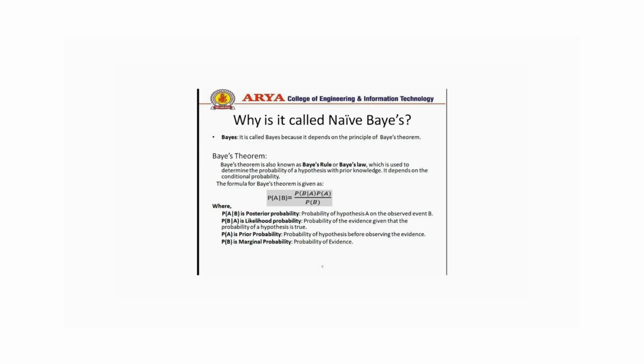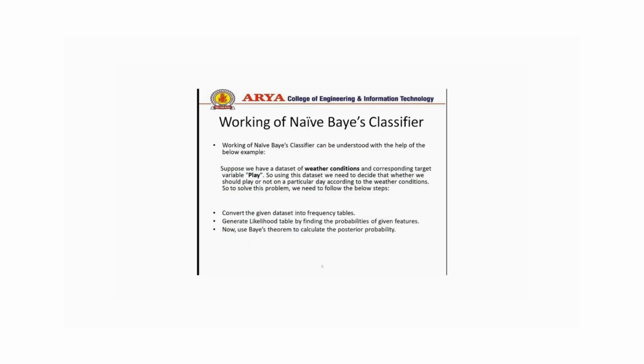Prior probability is the probability of the hypothesis before observing the evidence, and the marginal probability is the total probability of the evidence. This formula is known as Bayes theorem.